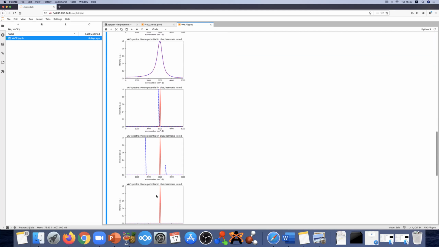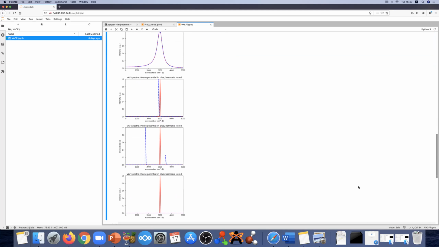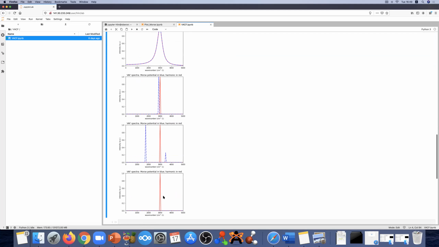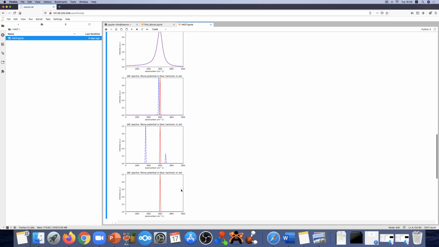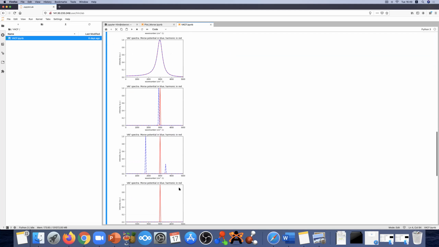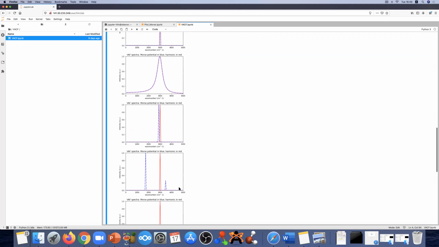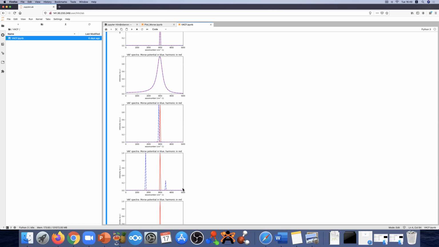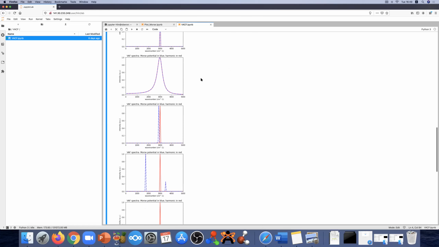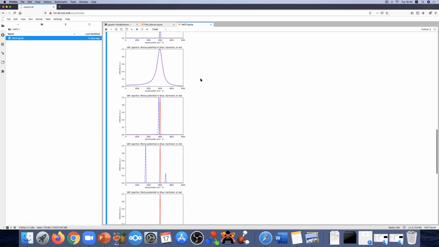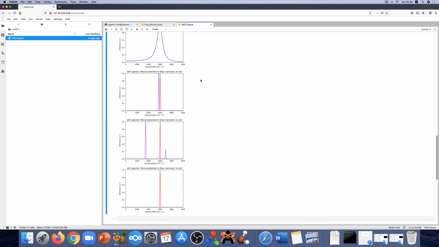The harmonic approximation is still here, but now there's no frequency here because it's already dissociated, so the frequency is either very small or very large, so you cannot see anything here. So I hope this gives you an idea of how the velocity autocorrelation function spectrum can be useful to understand the intrinsic properties of your molecule.